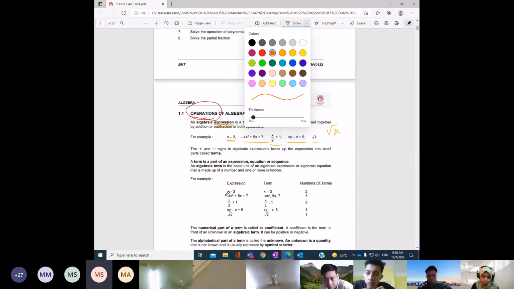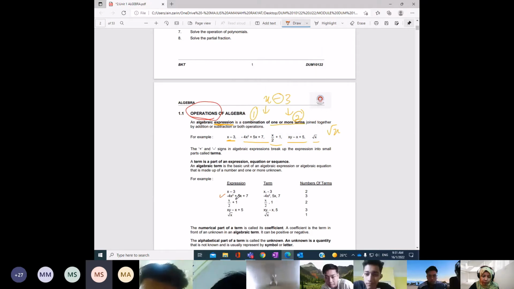So, bila you tengok benda-benda ni, you sepatutnya boleh membezakan how many terms that we have in a particular expression. So, let's say we look at the second one here. Negative 4x squared plus 5x plus 7.